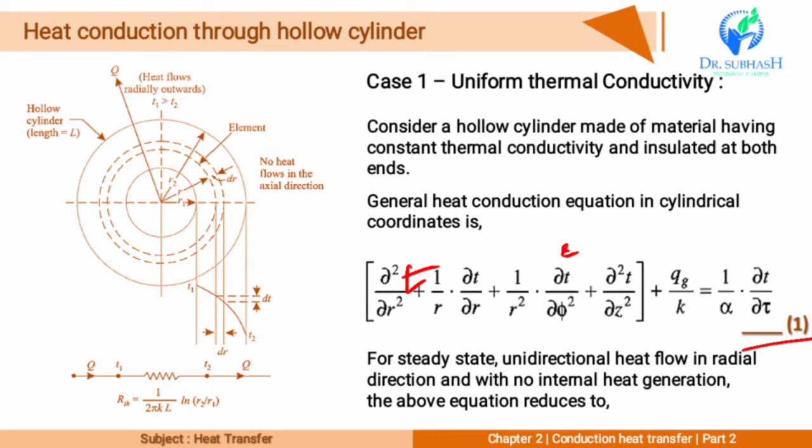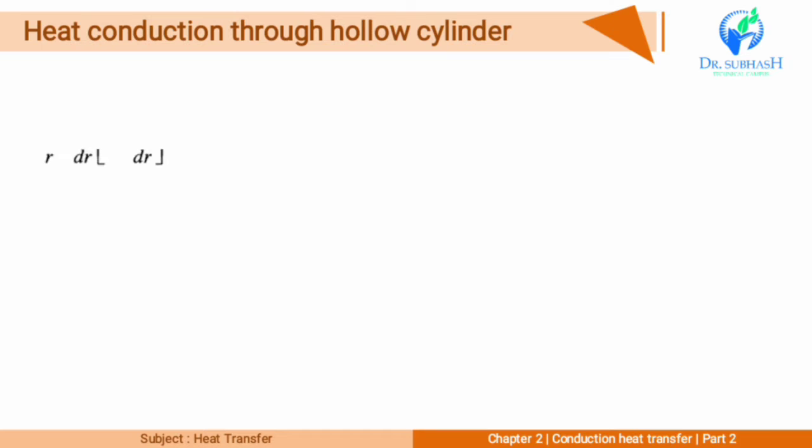Now, as I said, there are some assumptions here. So for steady state, unidirectional heat flow in the radial direction and with no internal heat generation, the above equation reduces to d square T by dr square plus 1 upon R into dT by dr is equal to 0. Rearranging it, we get 1 upon R into d by dr of R into dT by dr is equal to 0.